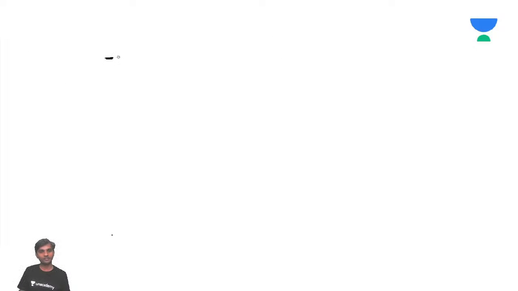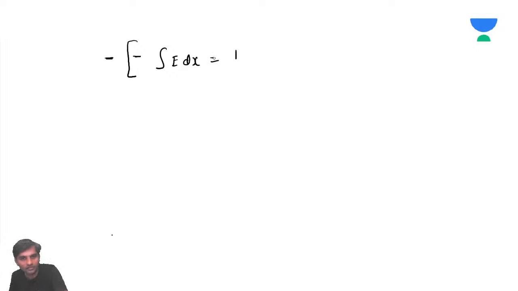I don't have a minus here, so I'll add and remove the minus here. So this is going to be E dx is equal to V_T into the integral of 1 by p dp.